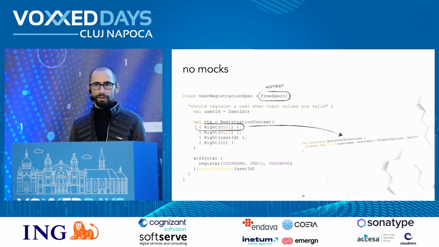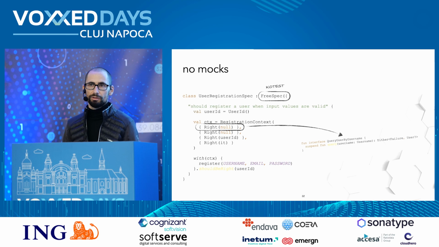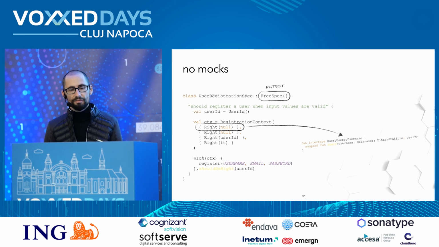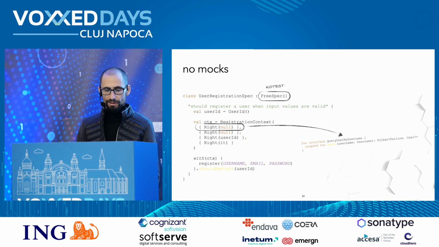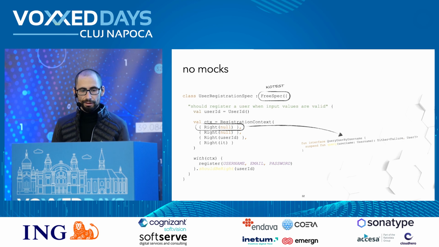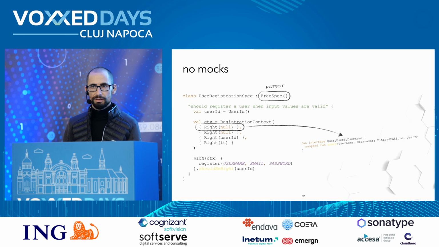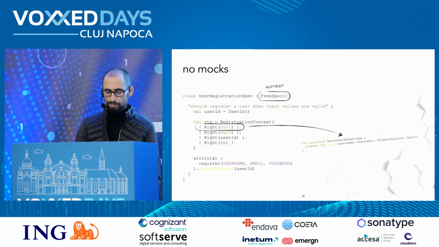This is possible because of delegation and because of the Kotlin compiler that can help us with this thing. And assuming that the username, email, and password are valid values from the business perspective, we should get back an either on the right side with the user ID. Because if you see, the third argument is an either that has on the right side the user ID.